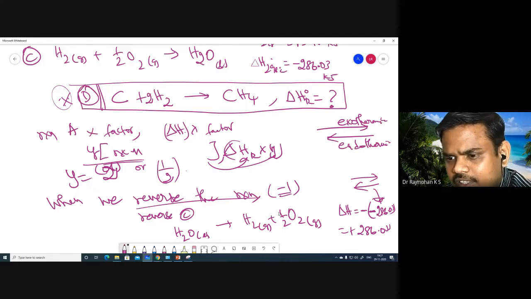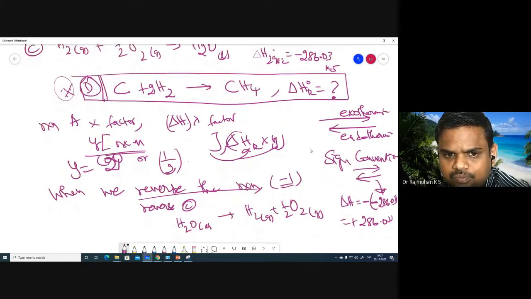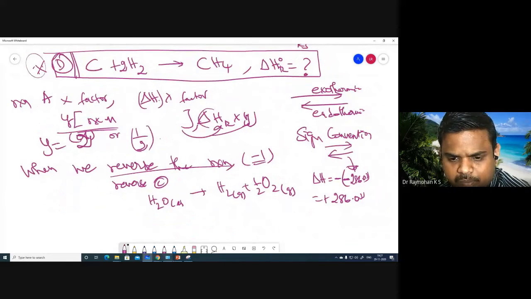Right? So we have to take care of the sign convention when we try to solve this type of problem. With these basic points you should be able to solve the problem now.